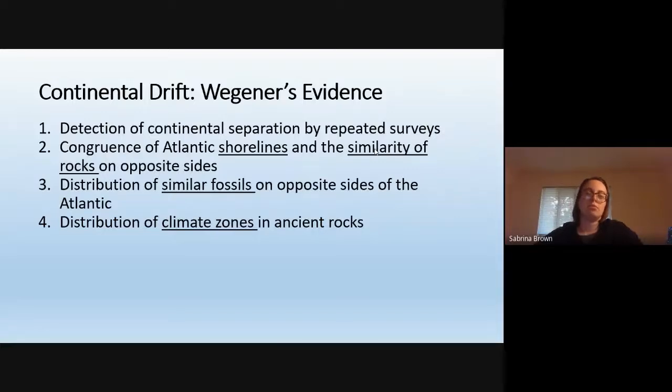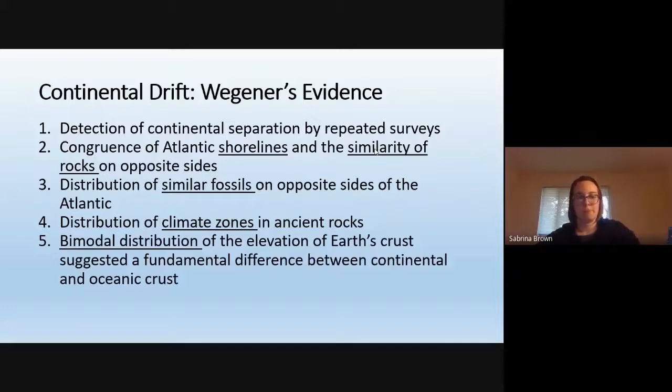And he noticed that those appeared to fit together. And then he noticed that there was something fundamentally different between the composition of continental crust and oceanic crust. Specifically, he noticed that they have different elevations, where continental crust is much higher than oceanic crust is.